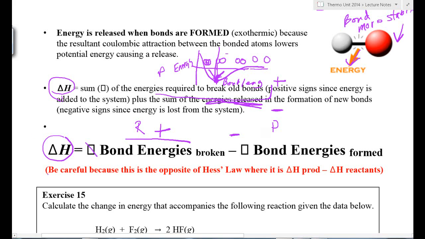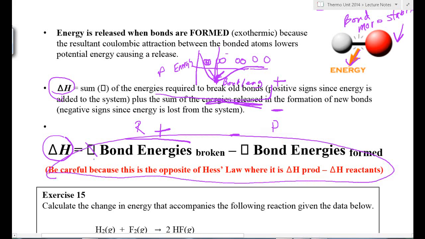Be really careful. It's not unusual for me to see students make a mistake on enthalpy changes associated with bond energies, because this is the opposite of what we do with Hess's law. Remember, Hess's law is the enthalpy of the products minus the enthalpy of the reactants. Okay? This is going to be the opposite.